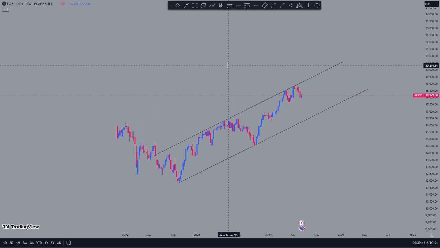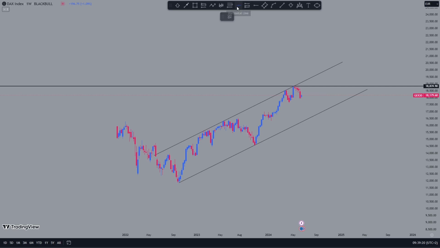This is a valid trend line. So what I'm going to do is spot my sensitive areas here.